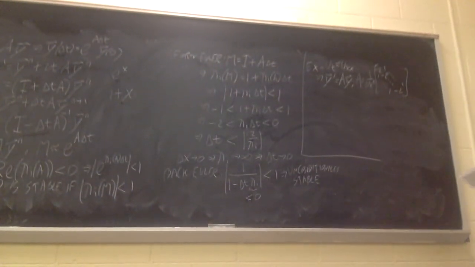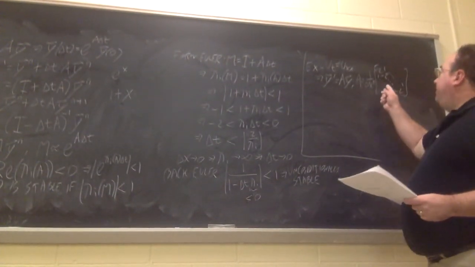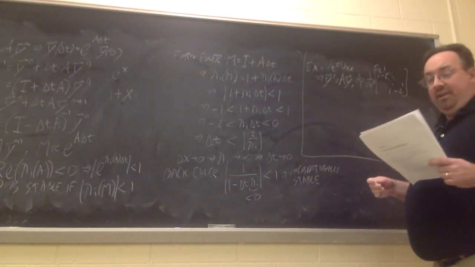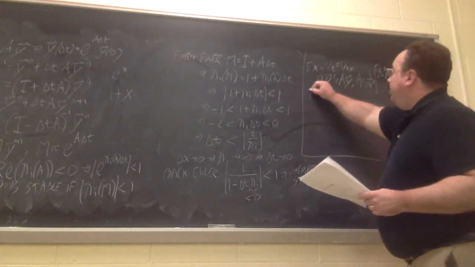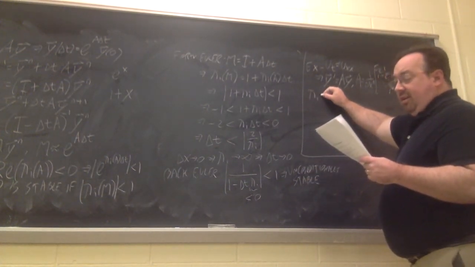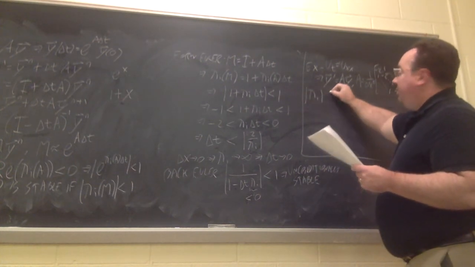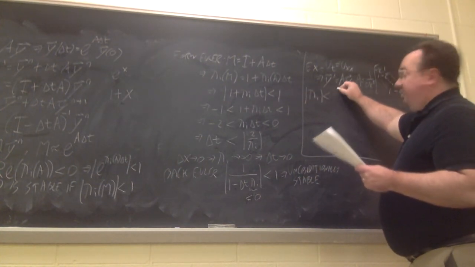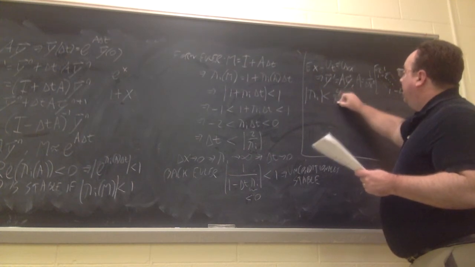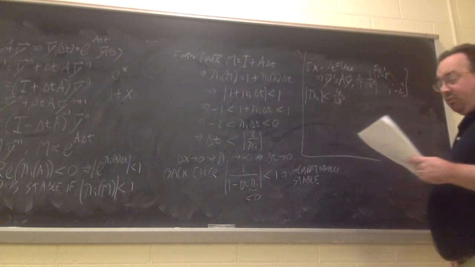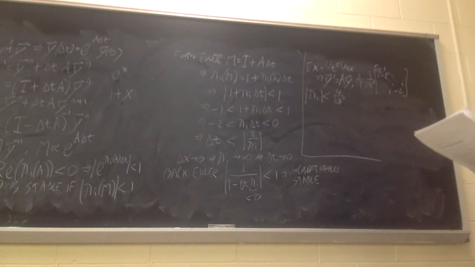Now, the eigenvalues of this matrix are known. The eigenvalues in absolute value are less than 4 over delta x squared. But the eigenvalues are also negative.